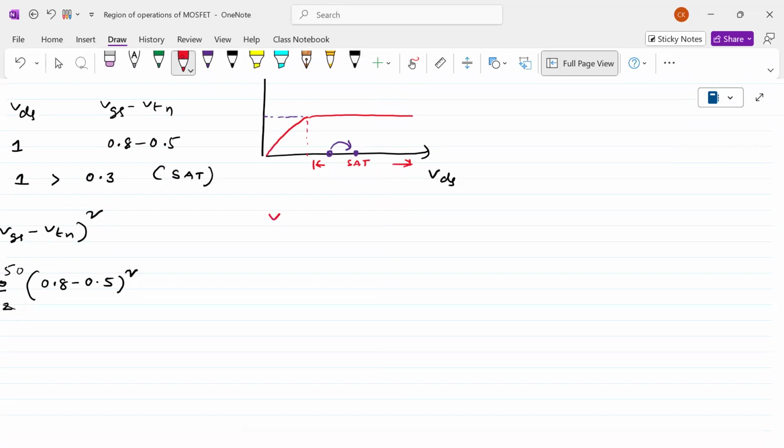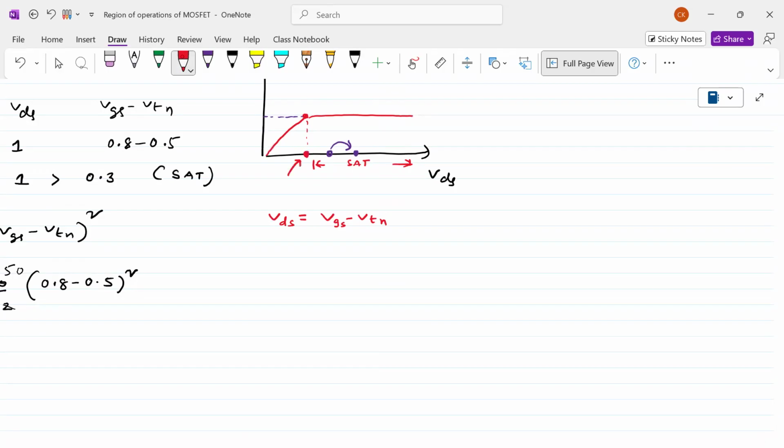Okay, as we know very well, if the drain potential is equal to VGS minus Vtn, then this is exactly the edge of the saturation. This is the point we are talking about.